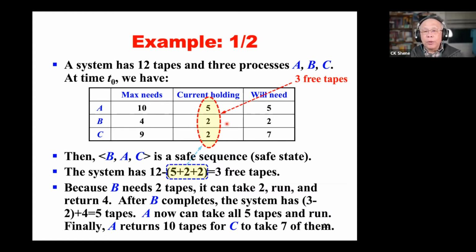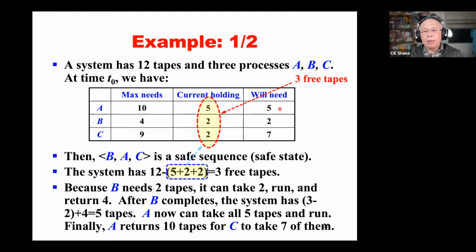Now of the 3 free tapes, 2 are allocated to it, so 3 minus 2 leaves 1. After B receives the 2 and returns 4, the system would have 5 free tapes.